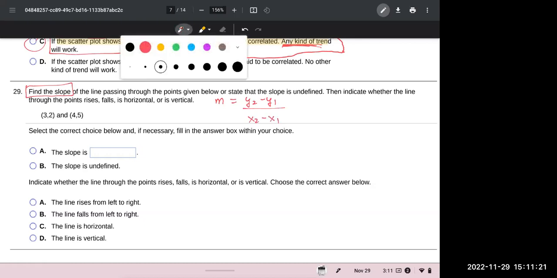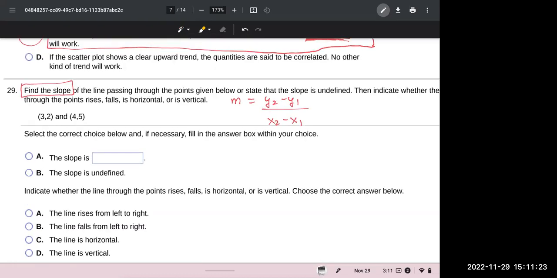So you're going to label your points. 3 is x1, 2 is y1, 4 is x2, 5 is y2. And you will substitute that into the formula. So we have 5 minus 2 divided by 4 minus 3. And that will give us 3 divided by 1, which is 3. So you will say A, the slope is 3.